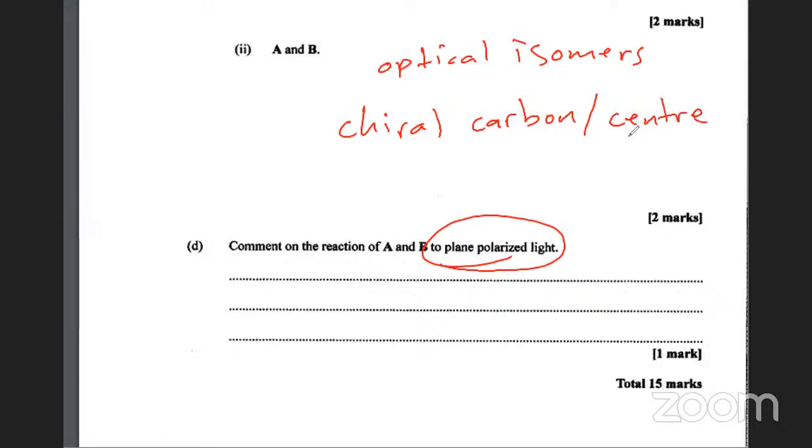And we know that a chiral carbon is a carbon with 4 different groups attached. Comment on the reaction of A and B to plane polarized light. So we need to now look and see if either A or B is an optical isomer. Then we can know what to say, if it will rotate it or not.